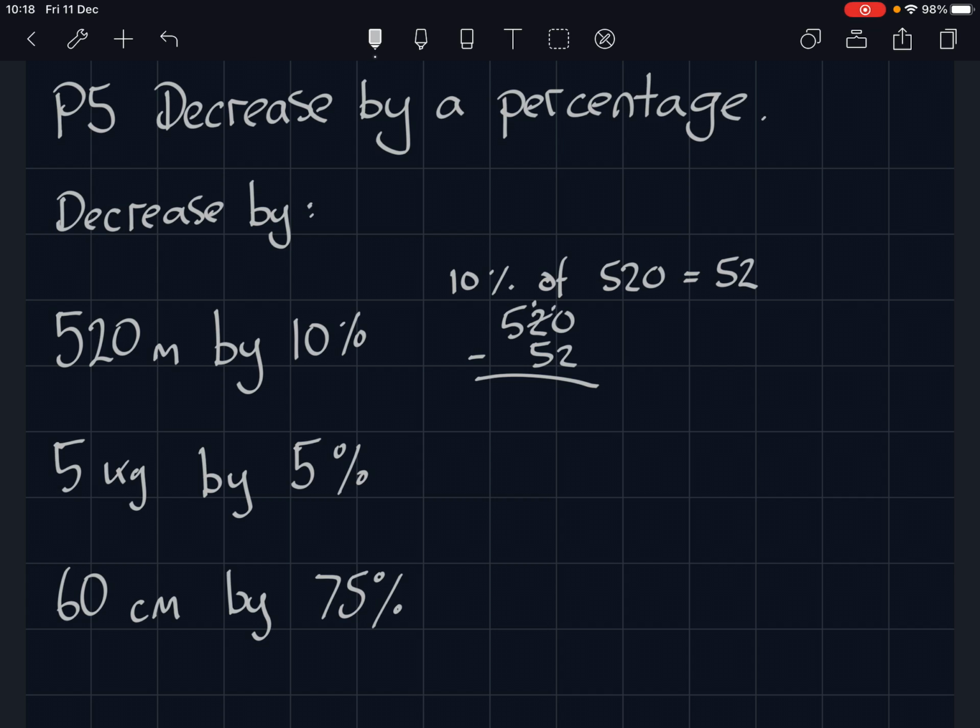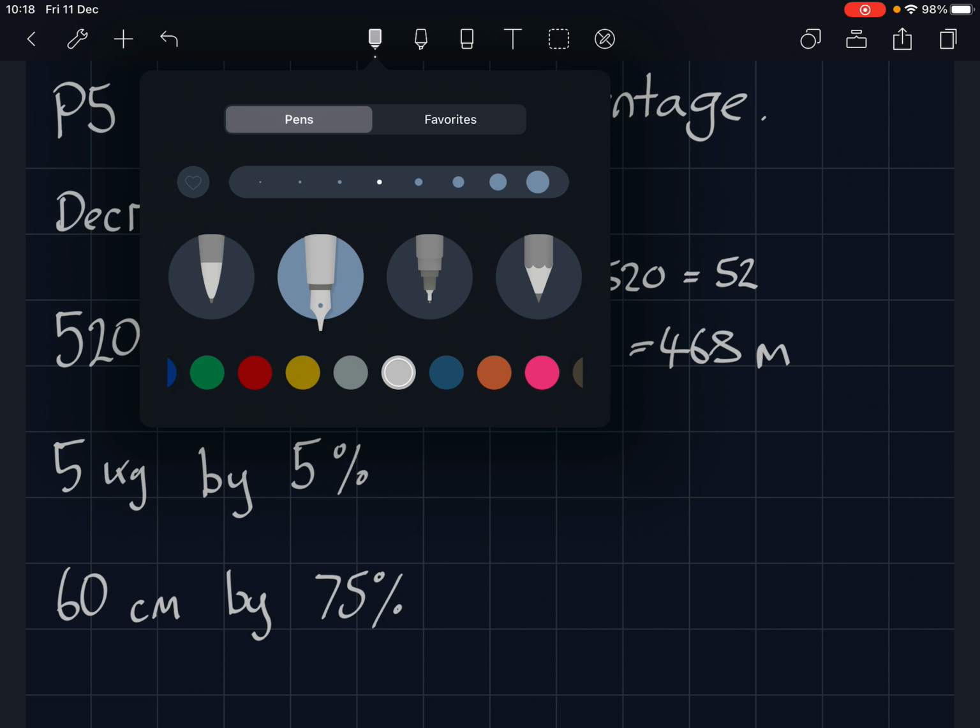So we'll have to borrow one, that will be an 8, we'll borrow one, that will be an 11. So it will be 468, and the units in this question is meters. That's one way of doing the problem.